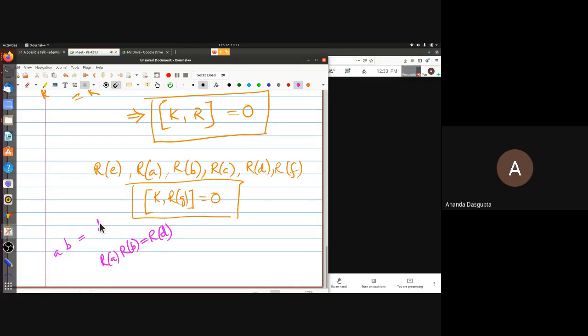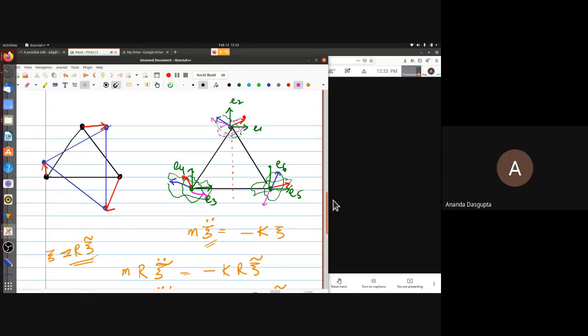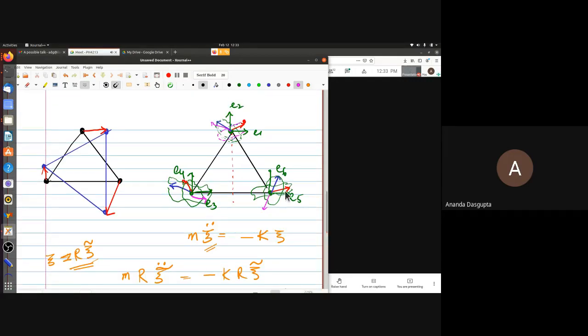It means that if you do B first and then do A, the result is the same as D. But RB is exactly what describes what B will do to these 6 basis vectors. So you do B first, the 6 basis vectors will change as RB acts on them. Then you do A, and RA will act on the resulting vectors.